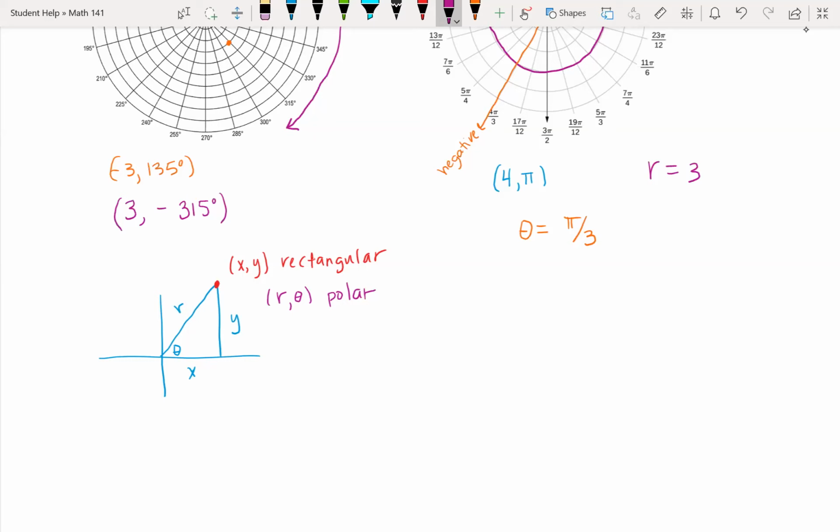So we'll use those. And then there's some relationships that come up as a result. We talked about this in the last section, that the length of the radius, or the absolute value, is the square root of x squared plus y squared.